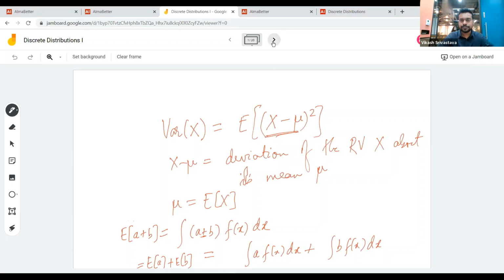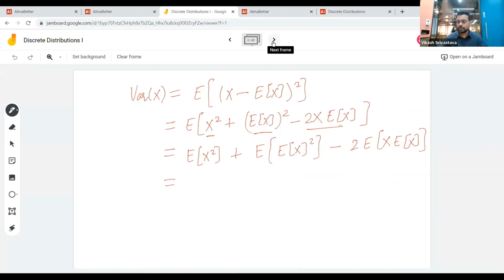So here also we'll leverage the same concept. We can write the expectation of x squared, and then the expectation of the squared mean, which is the square of the expectation of x. The expectation of a constant like this will be nothing but the same value, so that is not going to change anything.